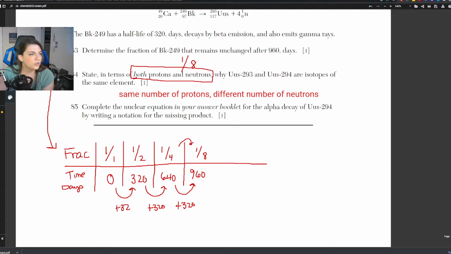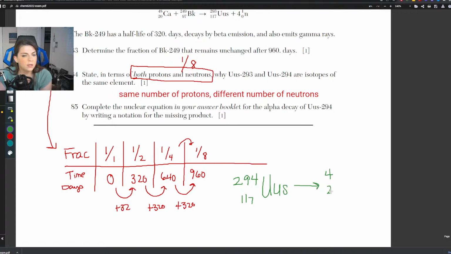Okay, so I'm just going to transcribe it because that's going to be quicker than trying to copy and paste it. So we have 294 and 117 with the symbol UUS. And it is showing alpha decay, He plus, and then we have the blank.